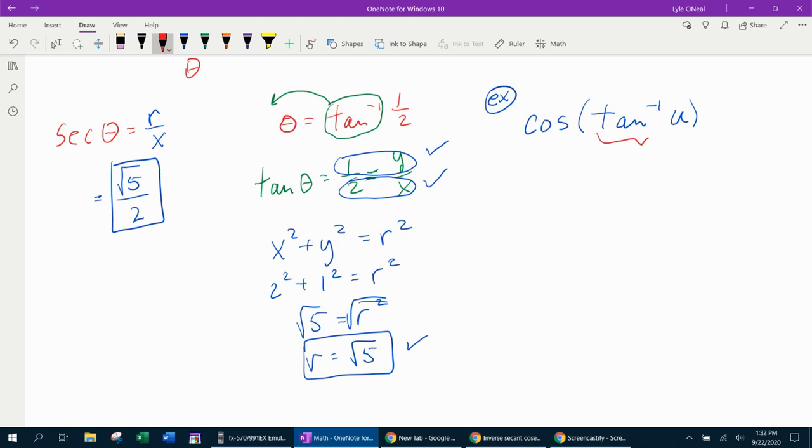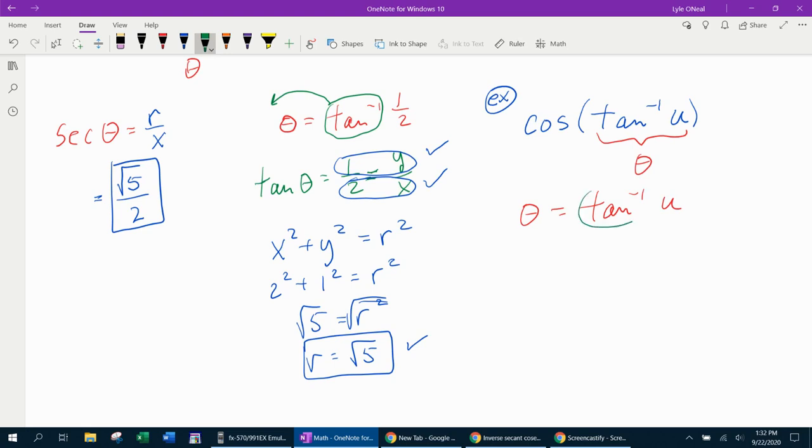Same place as we did in the last two problems. Inverse trig functions always produce an angle. So here we know that theta is the inverse tangent of u.